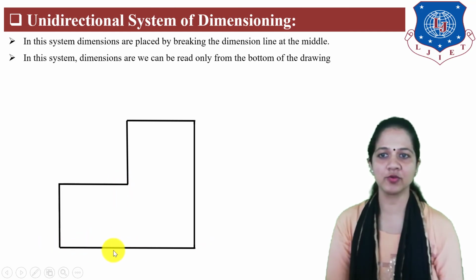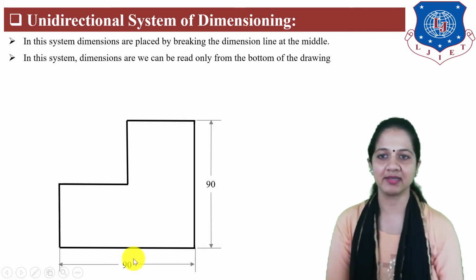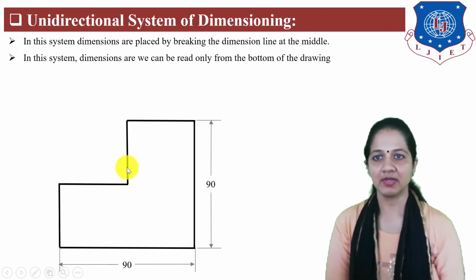Here, if you want to show the dimension of this horizontal and vertical line by using this method, then first you need to draw the extension line, then the dimension line and place the dimension by breaking the dimension line at the middle. Now, for this height and length steps, we can apply chain or parallel dimensioning.